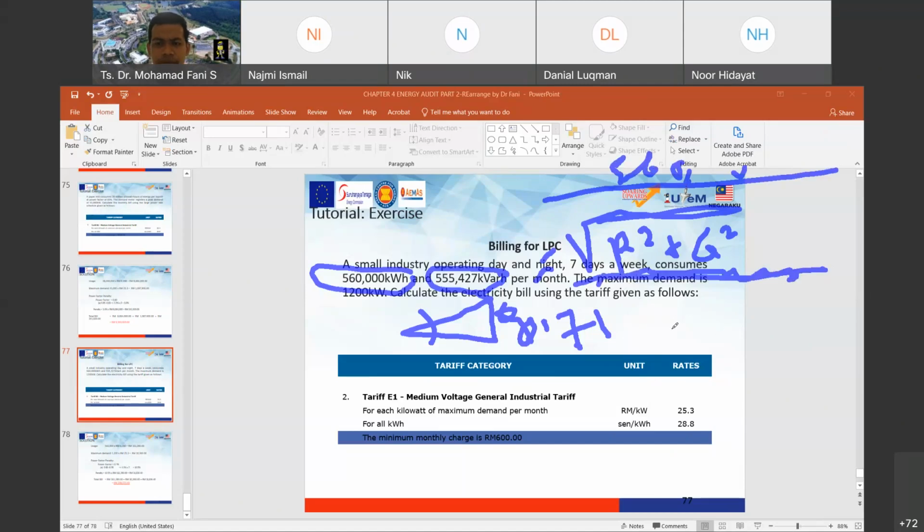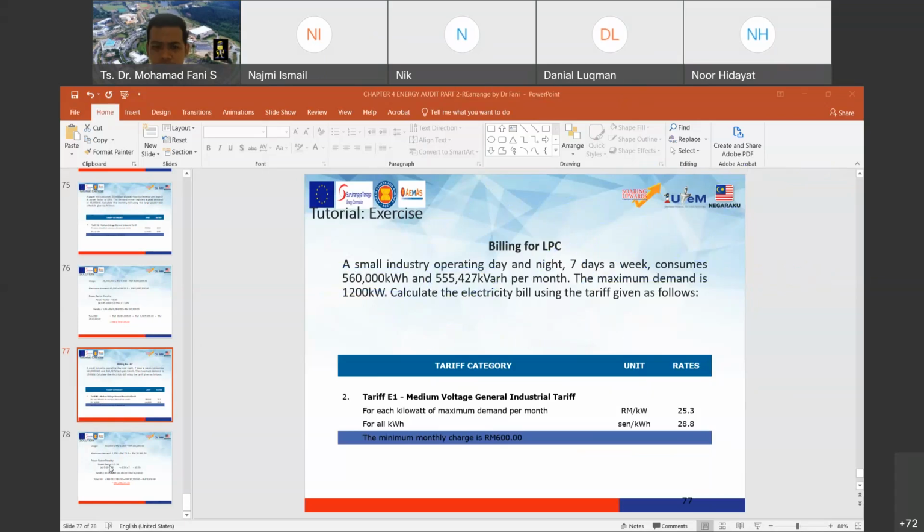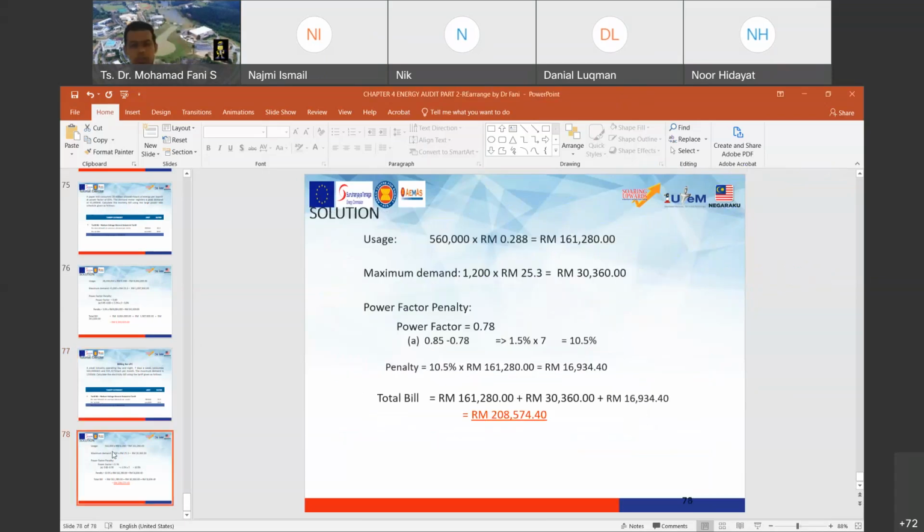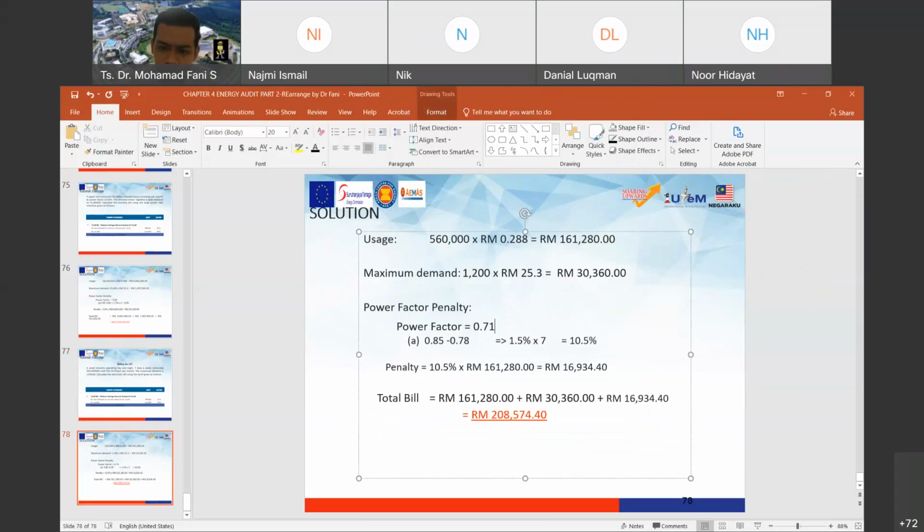Betul? Boleh dapat 0.71. Refer yang tadilah. So if 0.71, that means two conditions lah. Right? Ni recheck balik yang ni.